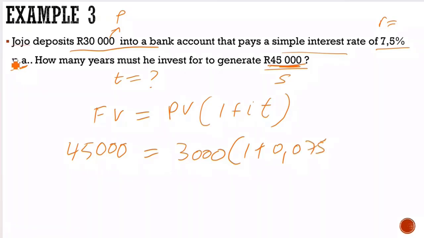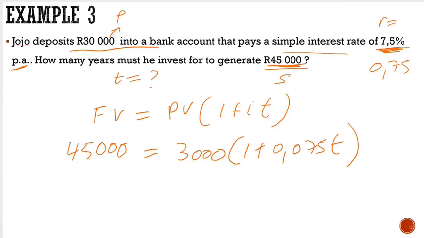The conversion of this is not 0,75, guys. Be careful. If you are unsure, take 7,5 and plug it into your calculator, divide it by 100 and see that you're going to get 0,075, and then your time, that's what you are looking for.